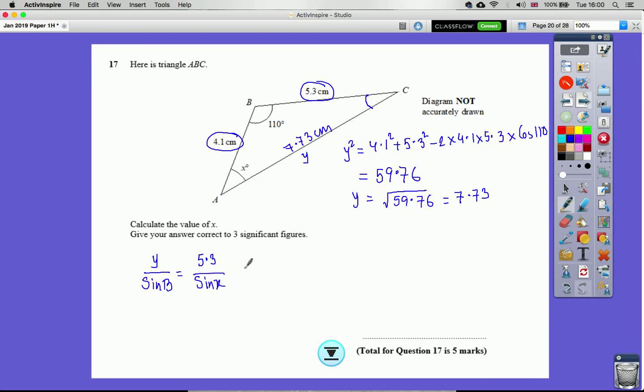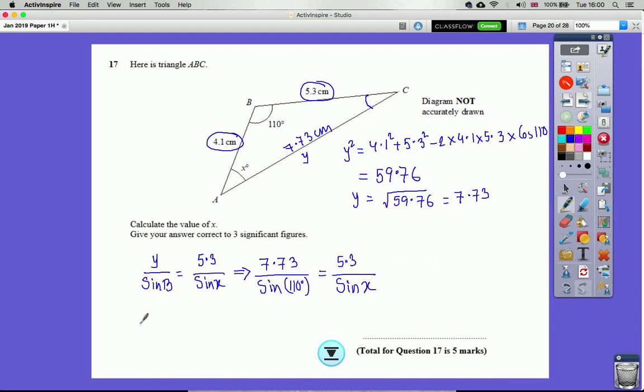The value of y is 7.73 over sine of 110 degrees is equal to 5.3 over sine of x.